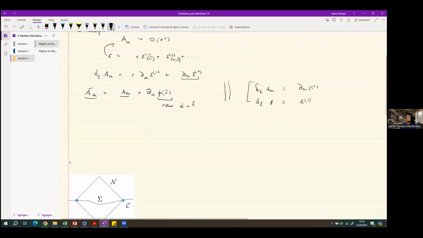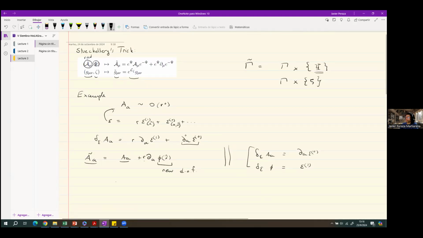Oh, sorry, there was a missing part here because it has to be ordered. So this is an example of how we extend the phase space in gravity, and also in large gauge transformations. This is work by Donnelly and Freidel in 16, where they work with what are called local subsystems.